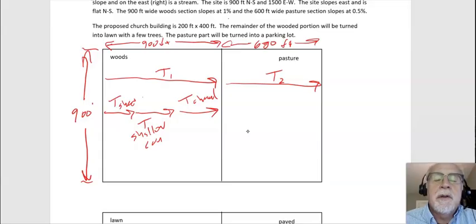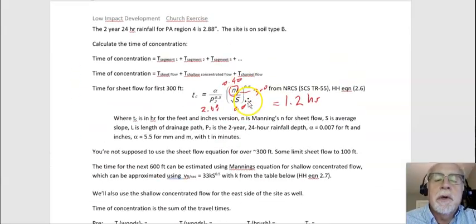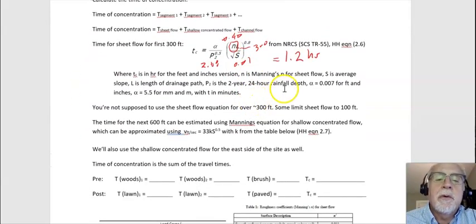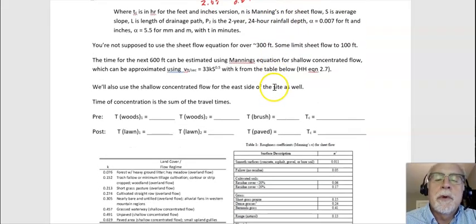And then let's do shallow concentrated flow for the next 600 feet. That's allowable. For that, we have another empirical equation, where the velocity is equal to 33 times k times the square root of the slope, where we can pick k off a table.